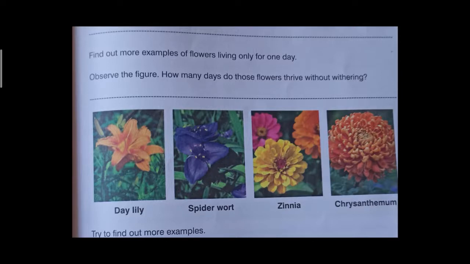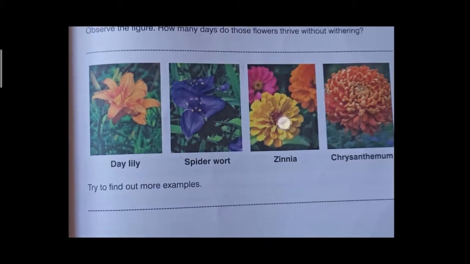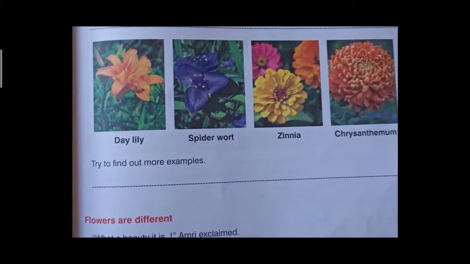Find out which flowers these are. The name is already written here. How many days will it be there on the plant? Try to find out more examples. If you know more flowers which do not fall down fast, you can mention them here.